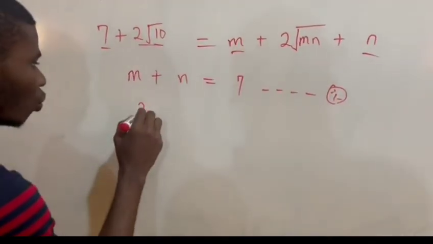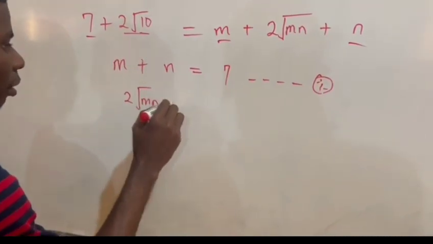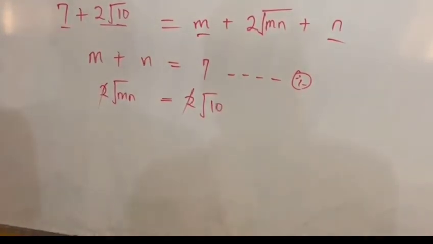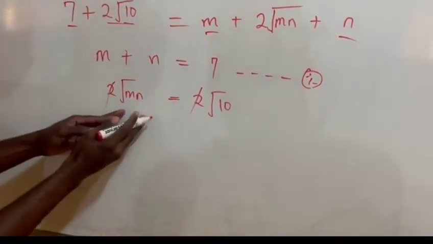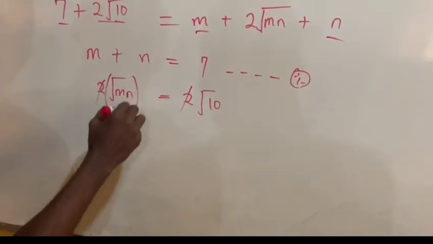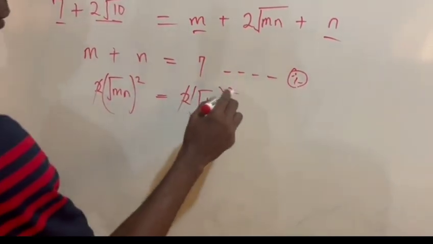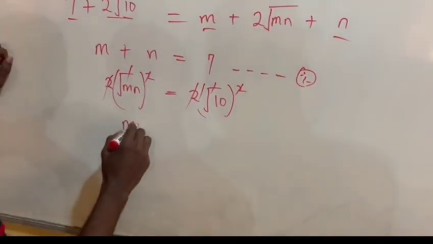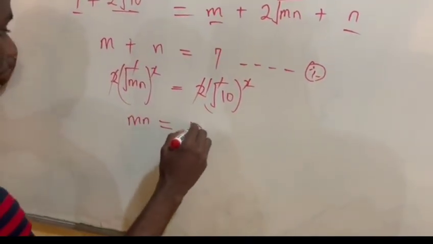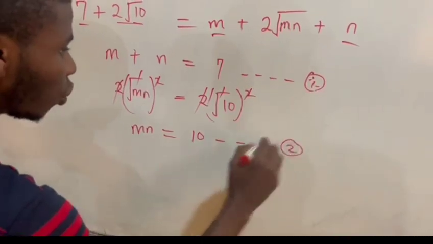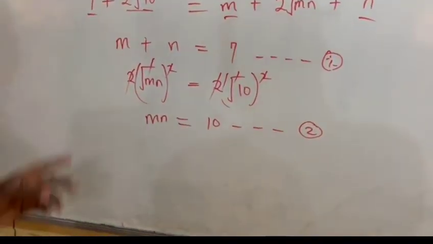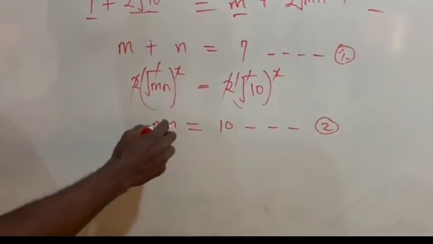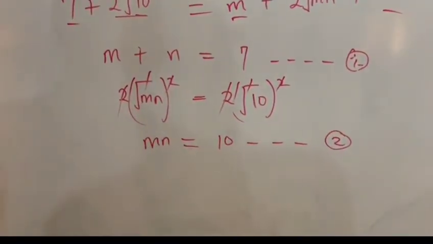So we have 2 root mn equals 2 root 10. The 2 can cancel out the 2 over here. Square root of mn equals square root of 10. We can take the square of both sides, they cancel out, so we have mn equals 10 as equation 2. So equation 1 says m plus n equals 7. Equation 2, mn equals 10.